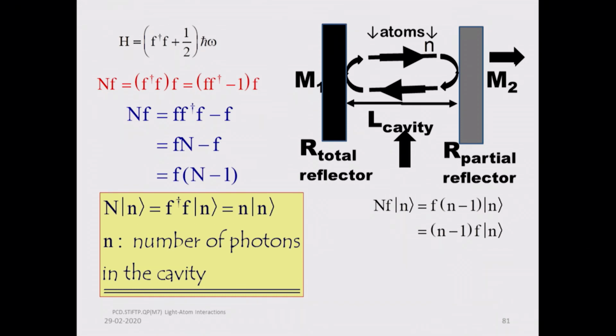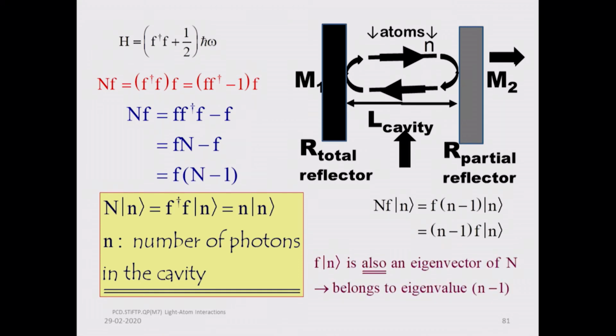These are well known results from the quantum mechanics of second quantization, and you can see that if n is an eigenstate of the number operator, then f operating on n is also an eigenstate, but it belongs to the eigenvalue n minus 1.